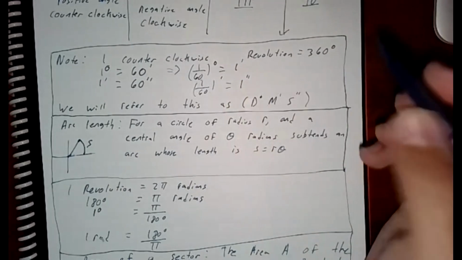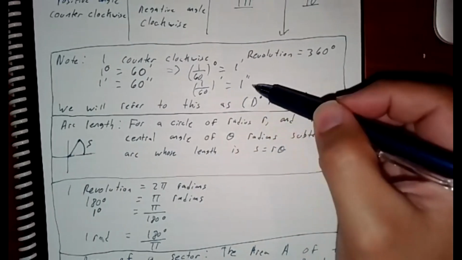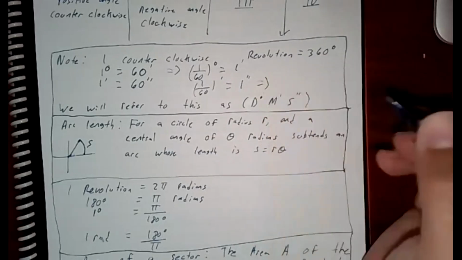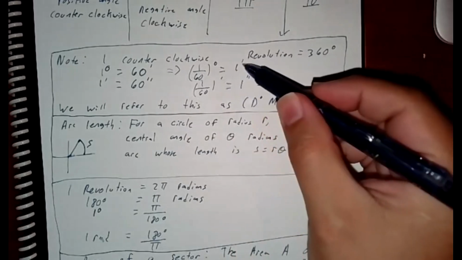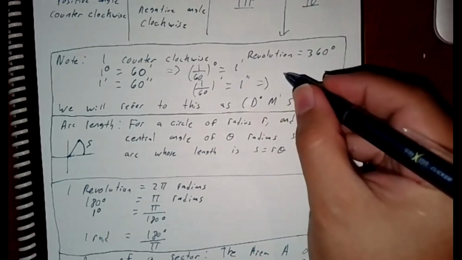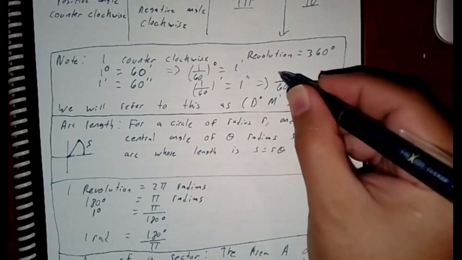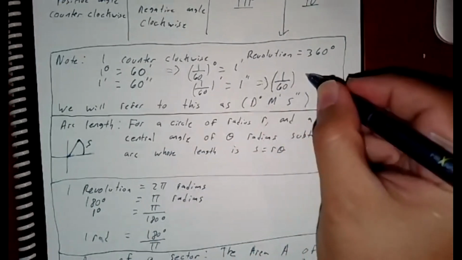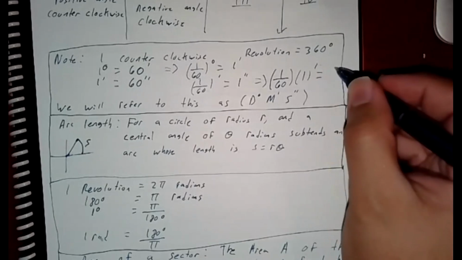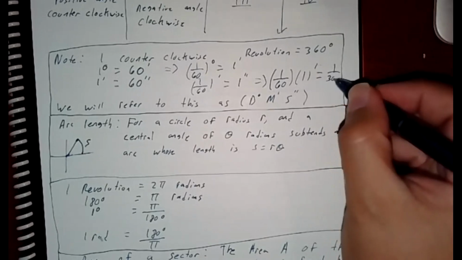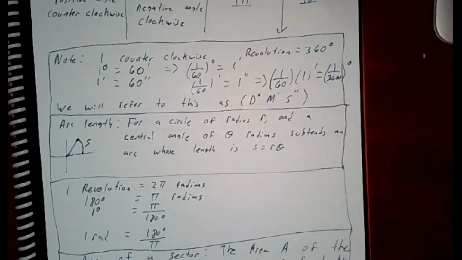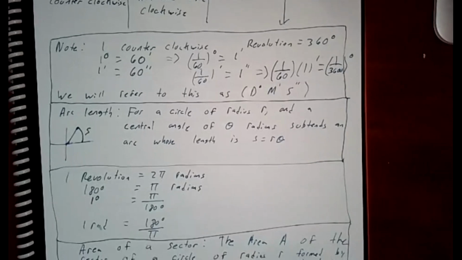Right? A 60th of a minute is 1 second, correct? Now, if you go a step further, we know that this, right? That's the same as saying times a minute. So you replace it with 1 over 3,600 degrees. Okay. Does that make sense? Or do you want me to do it on the other page?